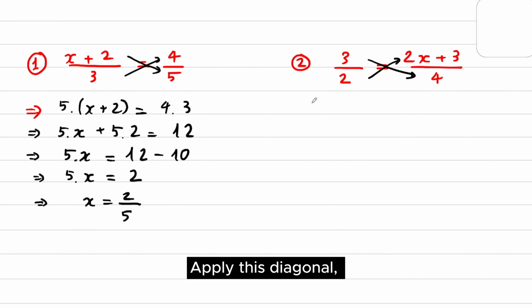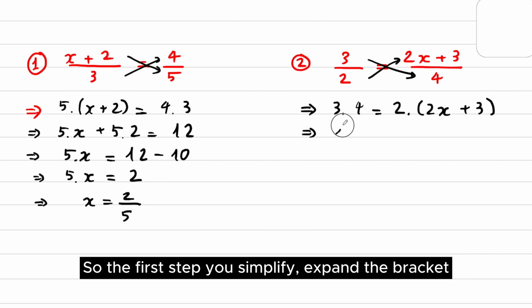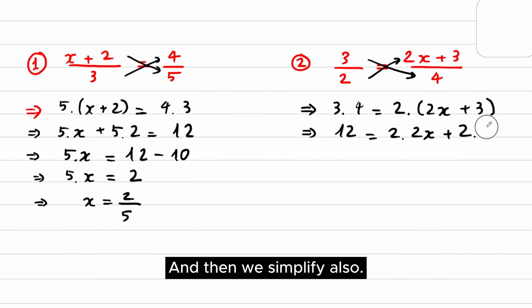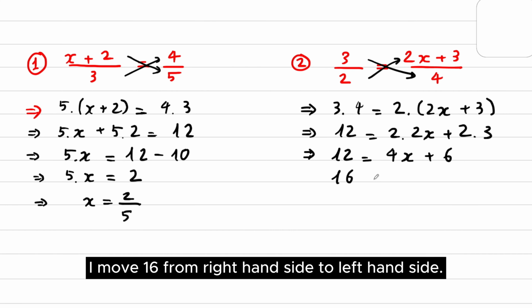Apply the diagonal. You got 3 times 4 and 2 times 2x plus 3. So the first step, you expand the bracket, and then we simplify also. This is 12, this is 4x, and this is 6. I move 6 from the right-hand side to the left-hand side.